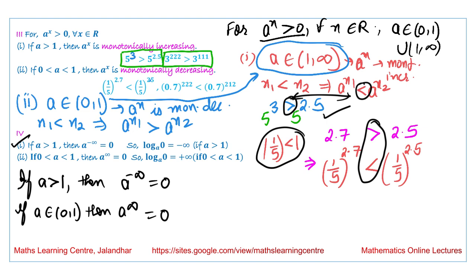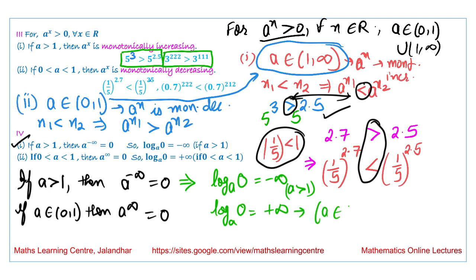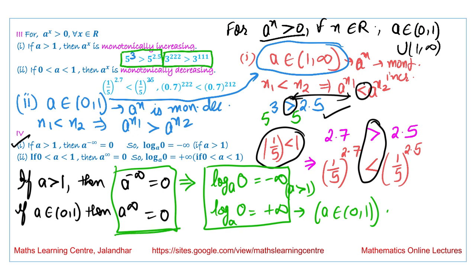So what we obtain from these cases is that log 0 to the base a is minus infinity in one case and plus infinity in the other. It depends upon whether the value of a is greater than 1 or lies between 0 and 1. So these are the next properties related to the exponential and logarithmic functions.